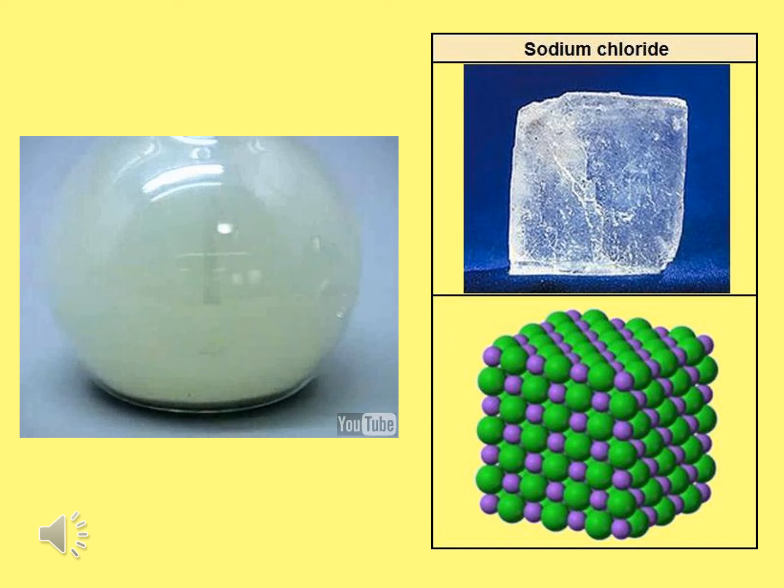Well, the reason is that when sodium wants to lose the valence electron, it is extremely adamant about it. I mean, it really wants to get rid of it. When chlorine wants to gain an electron, it is really, really wanting to do that.